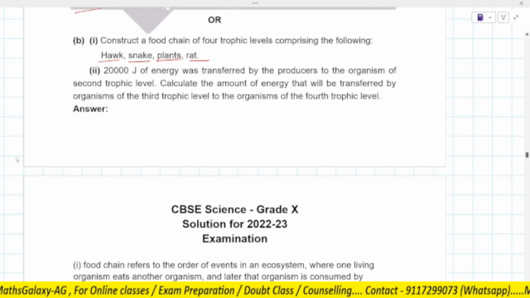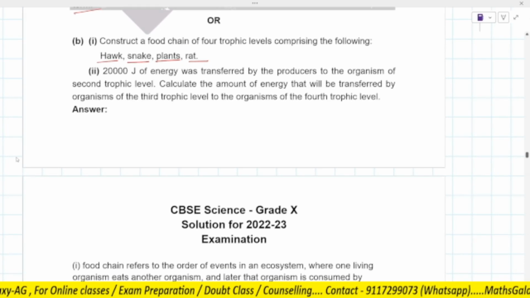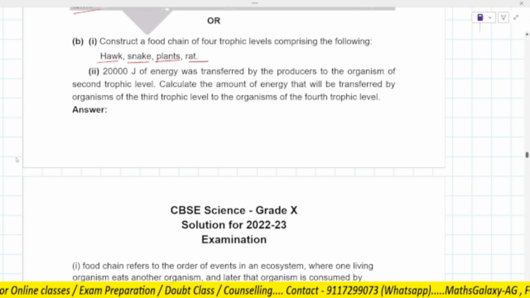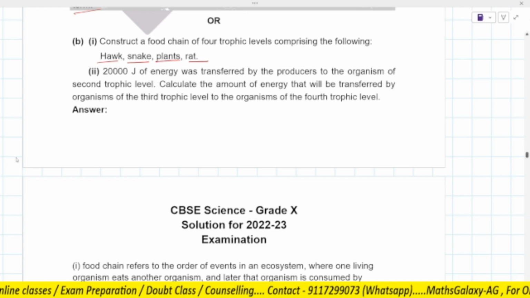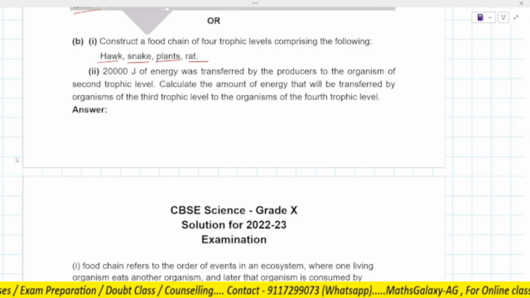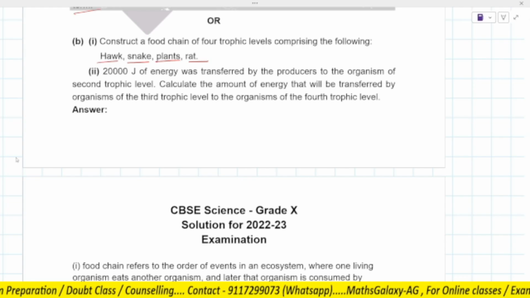Okay, now let's see the second one. 20,000 joules of energy was transferred by the producers, meaning plants, to the organisms of the second trophic level. Calculate the amount of energy that will be transferred by the organisms of the third trophic level to the organisms of the fourth trophic level. So it's too simple. Here we have to just apply the 10% law.